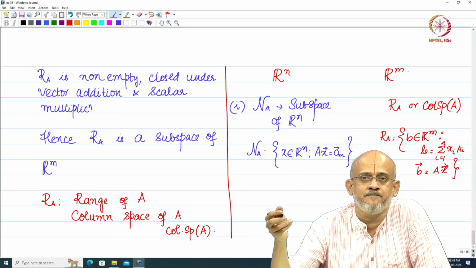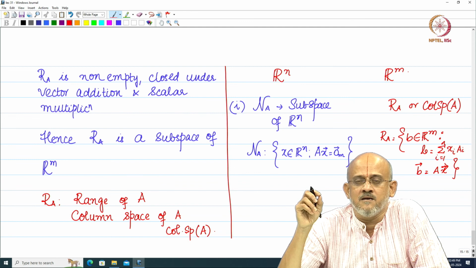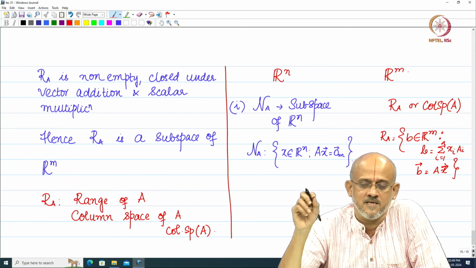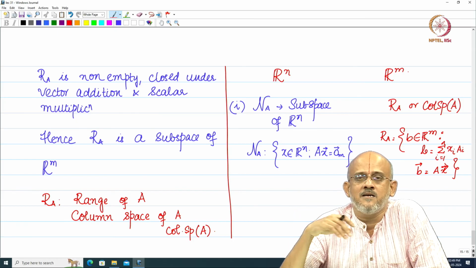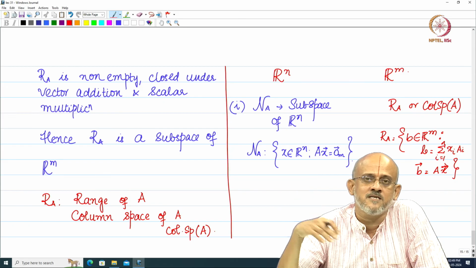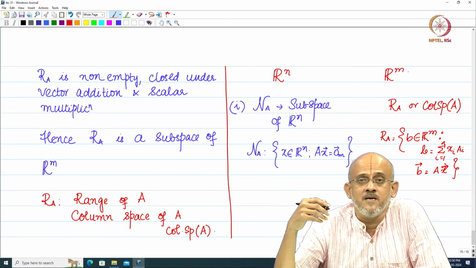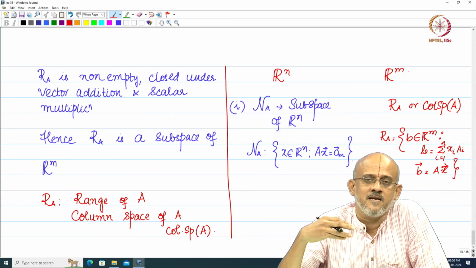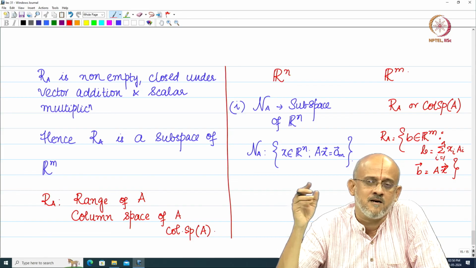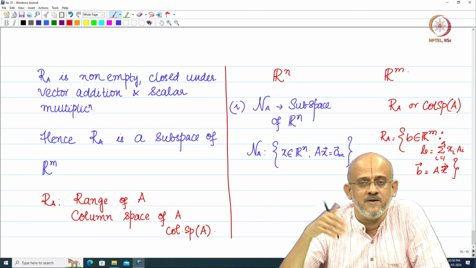We said that the geometry is basically either the single solution, the zero vector, the set containing the 0 vector, or it is basically a line passing through the origin, or a plane passing through the origin, and so on in a higher dimensional space. We looked at all that, and then we said that any line passing through the origin or plane passing through the origin or the set containing the origin alone is going to be a vector subspace, and we found that out.